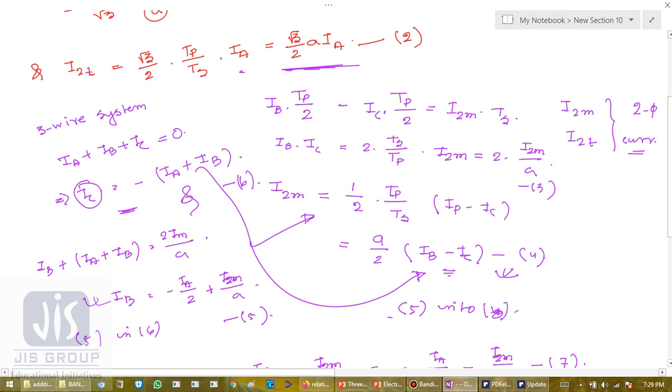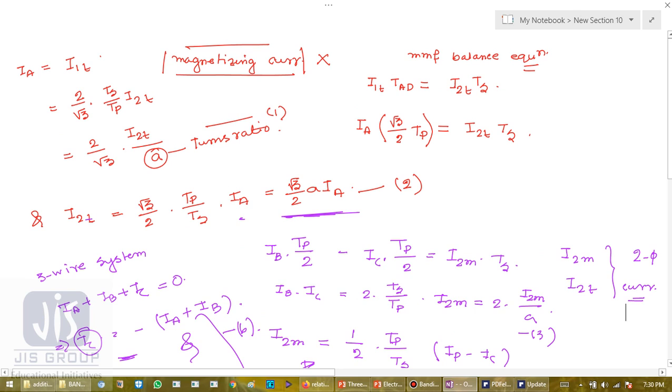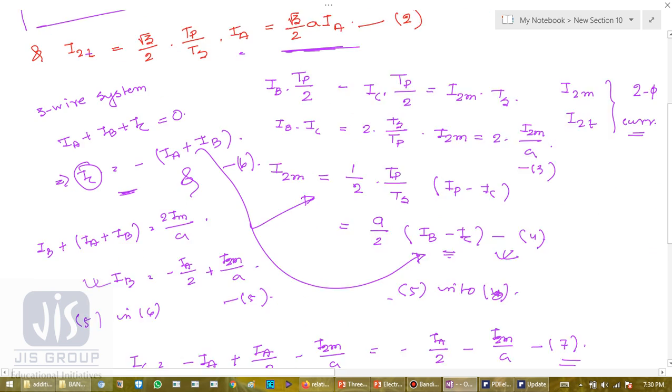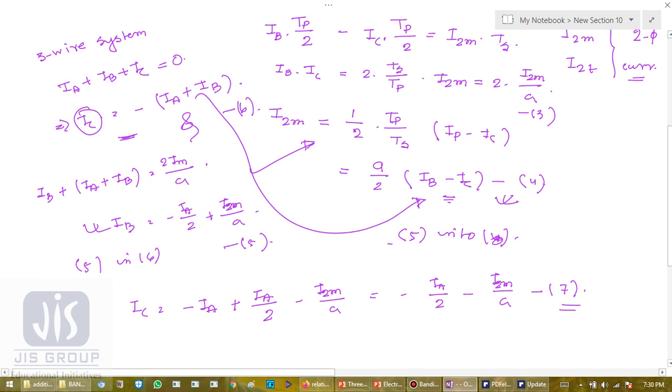Similarly, equation number this, that is IA. So here this equation IA equals to root 2 by root 3 I2T by A. Equation number IB we will get here, and we get the value of IC.